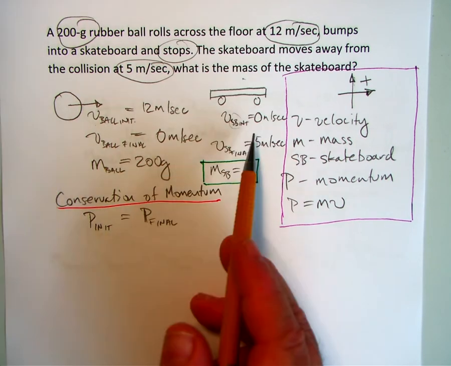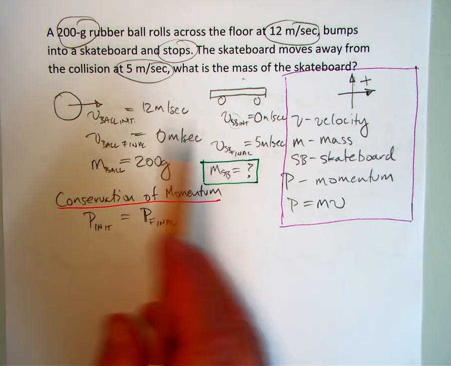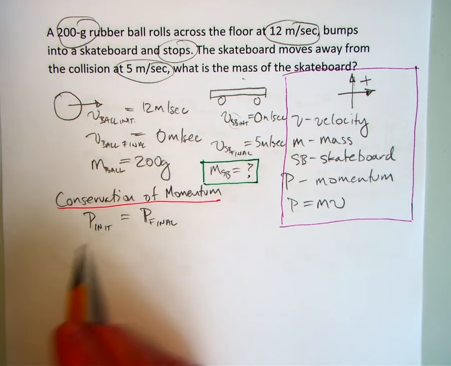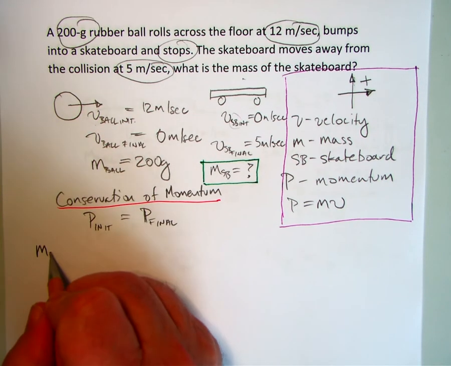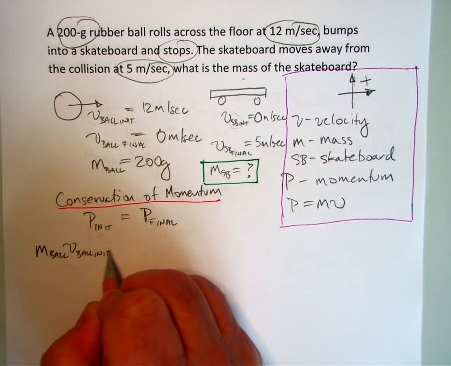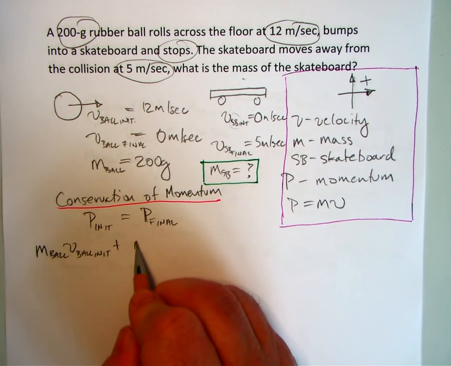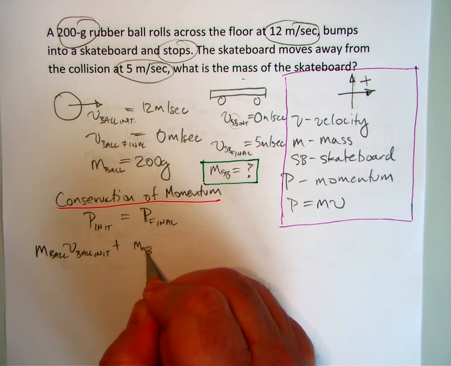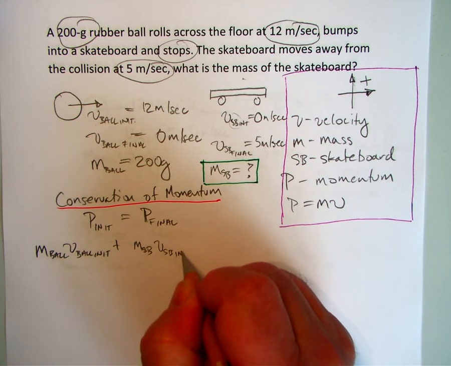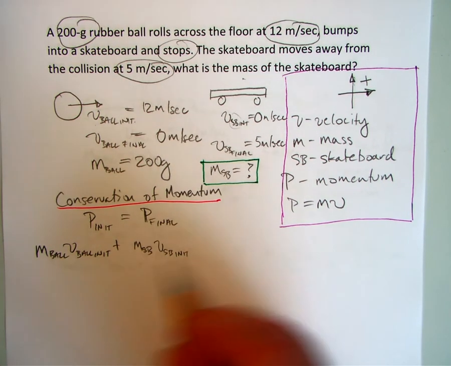So this is just momentum, mass times velocity. We look and say, what's our system? It's two objects, the ball and the skateboard, and we can detail out what those momentums are. It's the mass of the ball times the velocity of the ball initially plus the mass of the skateboard times the velocity of the skateboard initially. That's it.